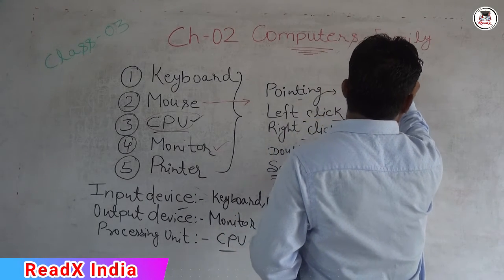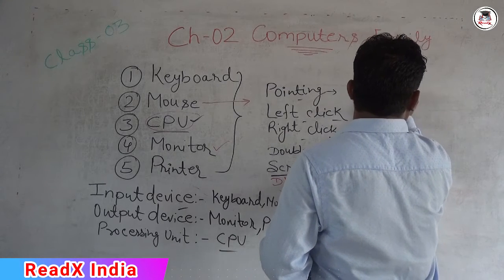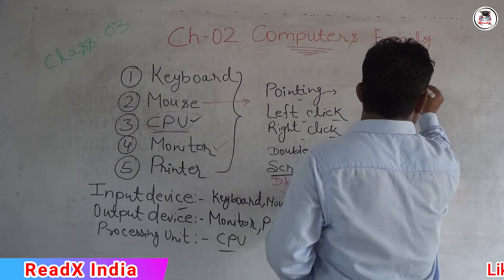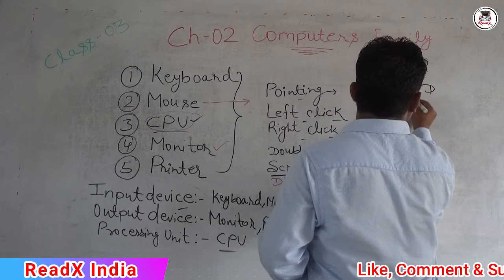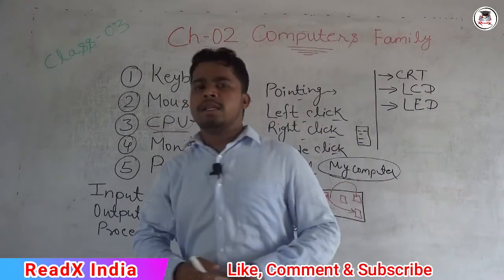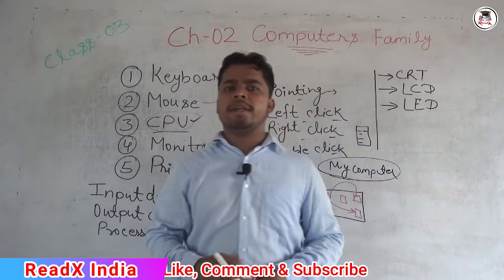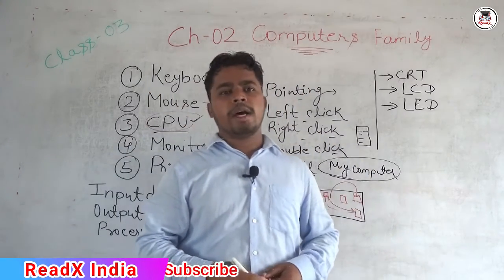The first one is known as the CRT monitor, the second one is the LCD monitor, and the third one is the LED monitor. These are the three types of monitors we have.